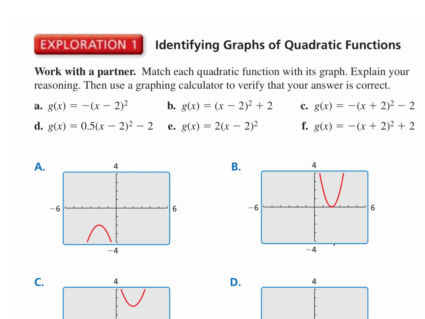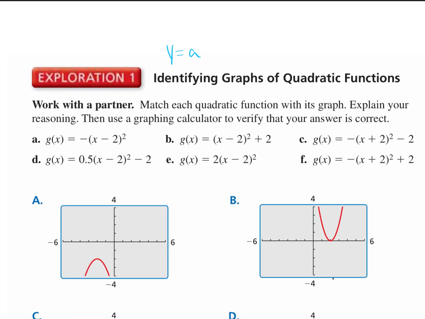Our vertex form is y equals a times (x minus h) squared plus k. It's what we're adding inside and outside to find our vertex, which is (h, k). And don't forget, we always change the sign of what we're adding inside. We always change the sign of h.